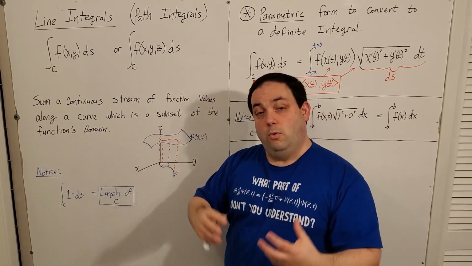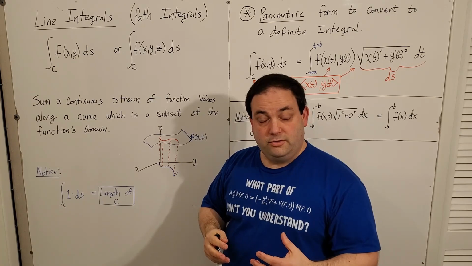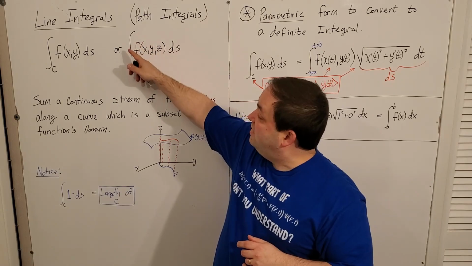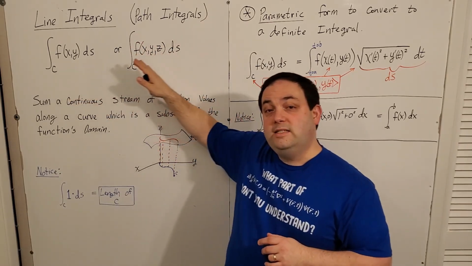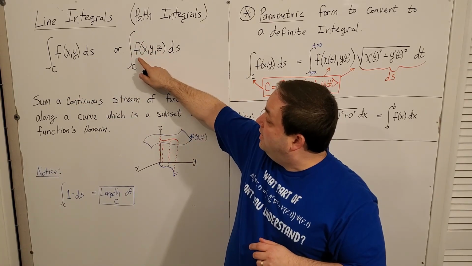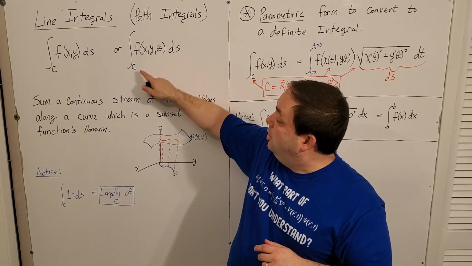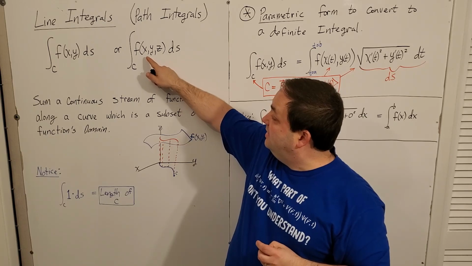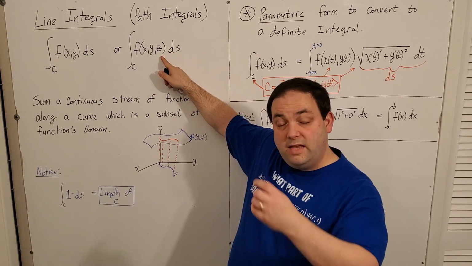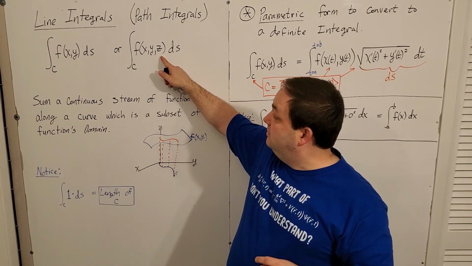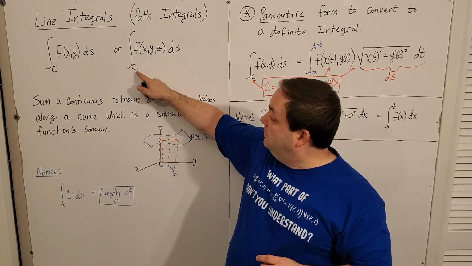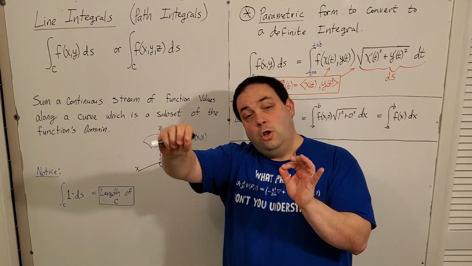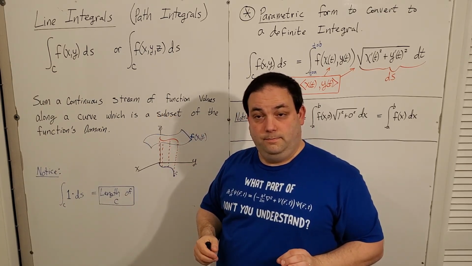But to graph the whole thing is extremely difficult to even imagine. But you can see how the idea would still apply. I am integrating some function over some path that's cut out of its domain. In this case, the domain would be the entire space, x, y, and z axes, and I'm just going to pick some space curve and add up the function all along those points.